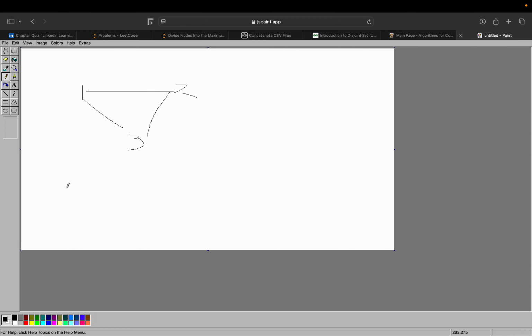In this particular case, let's say we make this a group, then we have to make this a group, or we can say this is a group, but these two also belong to a similar group. So 1 is connected with 3 and 1 is connected with 2, right?